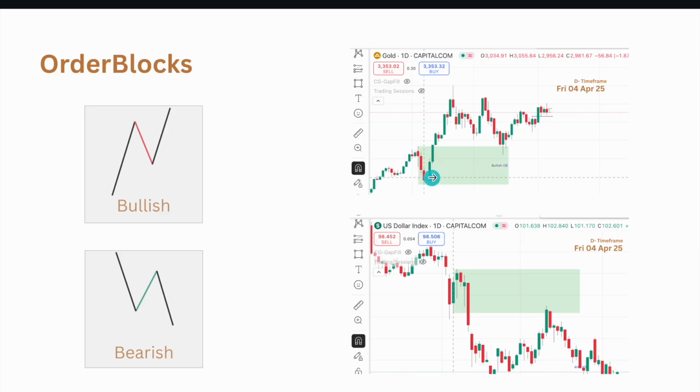This order block gives rise to this order flow leg. Once price reaches some PD array, price has tested this order block and continues its journey in the original direction, or price can move as per the market conditions. So this is a bullish order block.